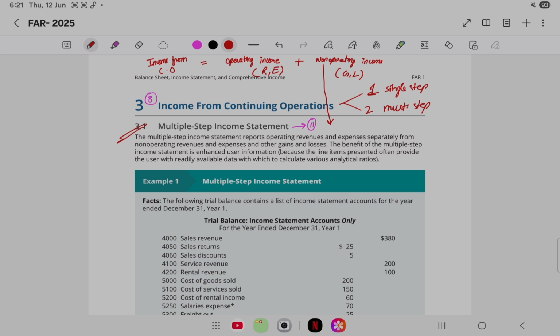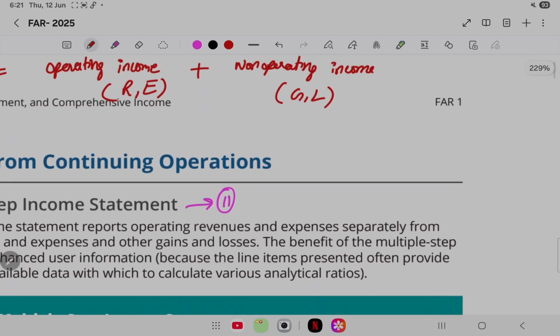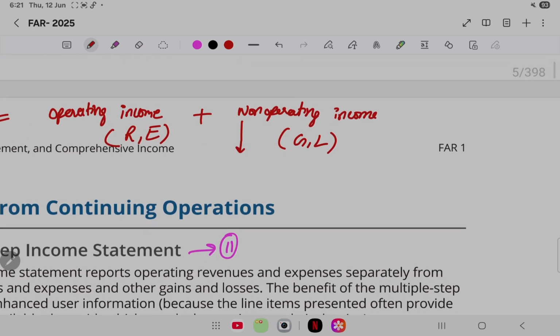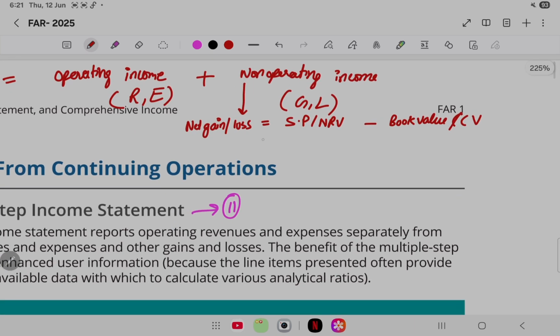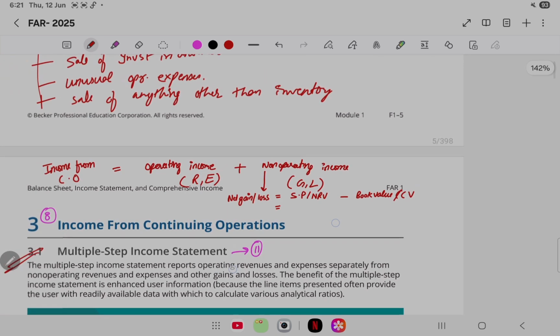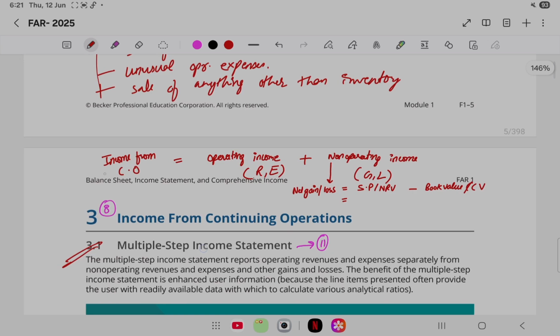So write it down: net gain or loss. This is important. Selling price or NRV minus book value or carrying value. Income from continuing operations, I have written it down here.